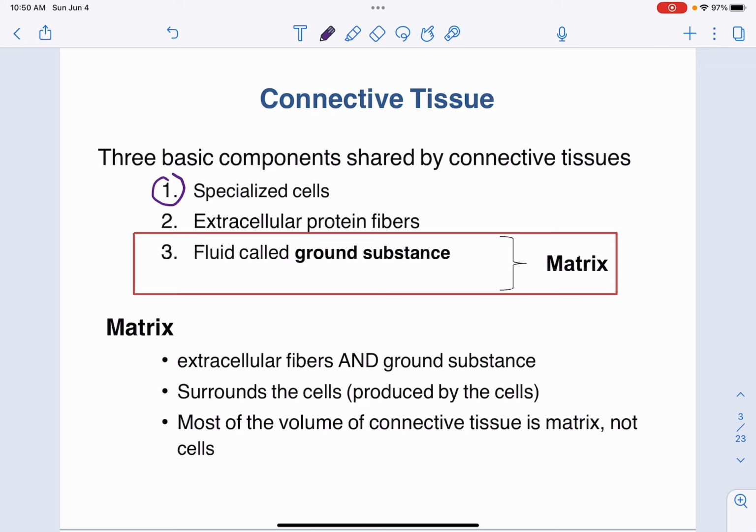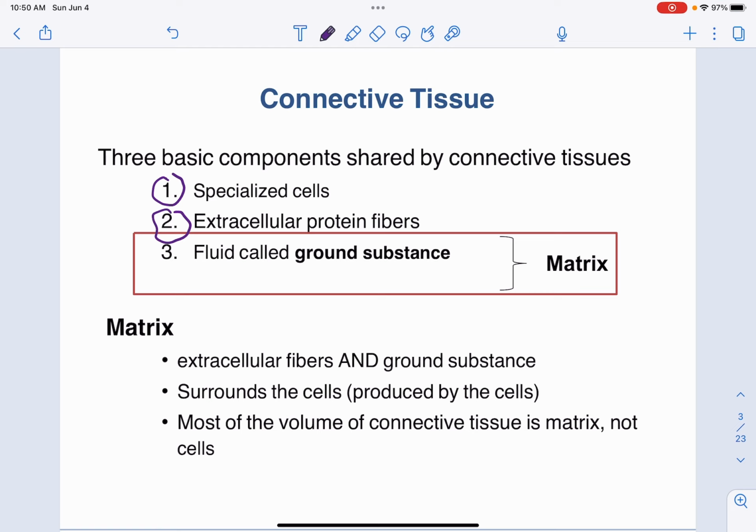The second component is extracellular protein fibers. So what connective tissue is defined by is not so much the cells, which is what epithelial tissue was defined by, but actually what is outside of those cells.